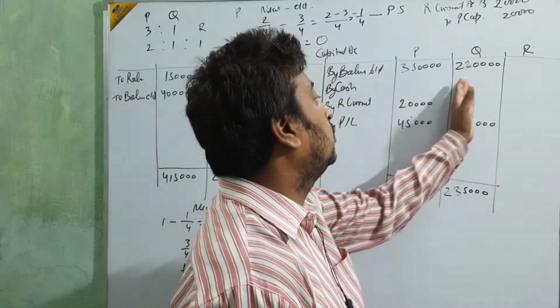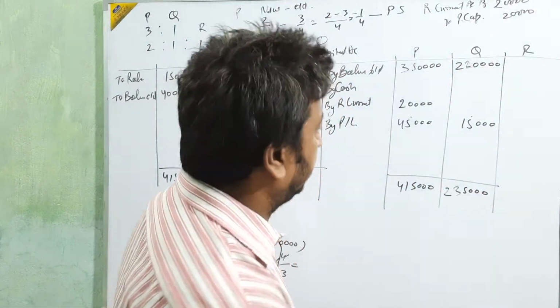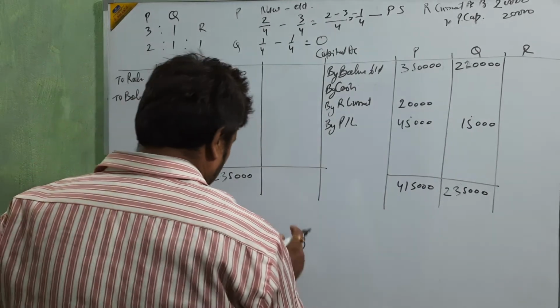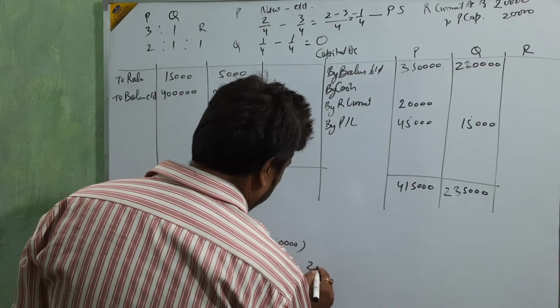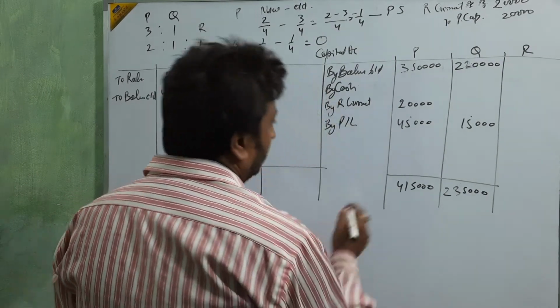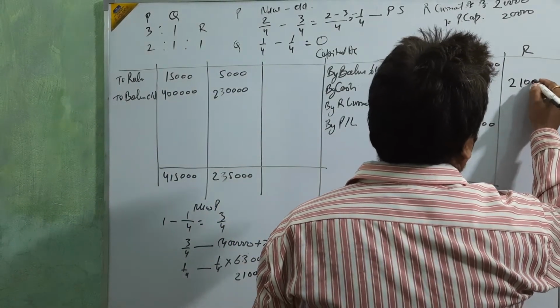The amount is 220, but I had entered 270. So this error is coming. 270 should be 220. Then our capital is 210. Okay beta. Then write here 2,10,000.